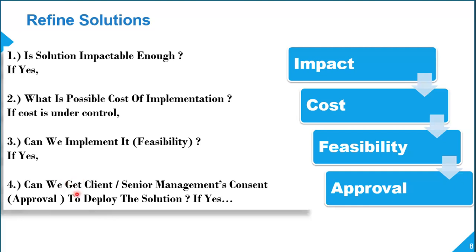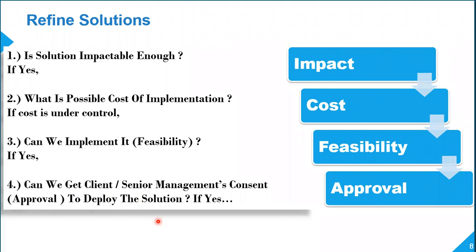and that scanner is: can we get client or senior management consent to deploy the given solution? Now there is a possibility that the given solution might require you to make some changes to the process, and those changes might need extra budget.